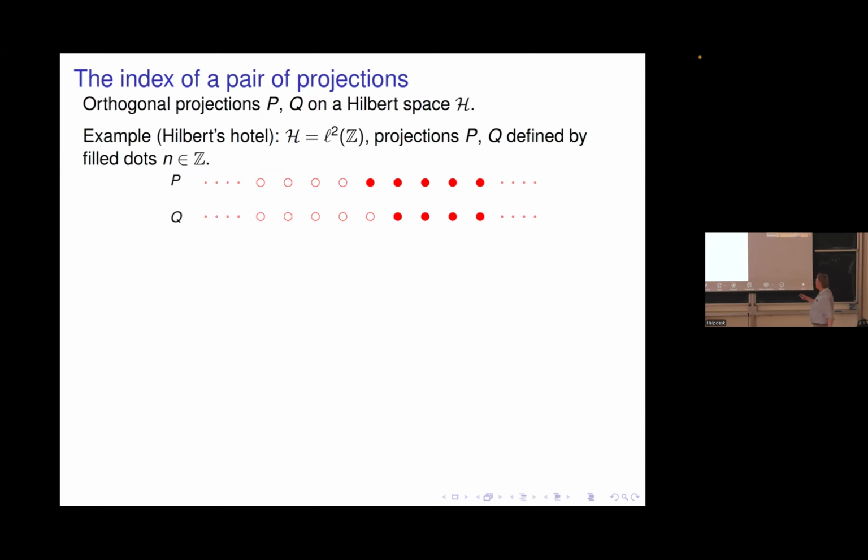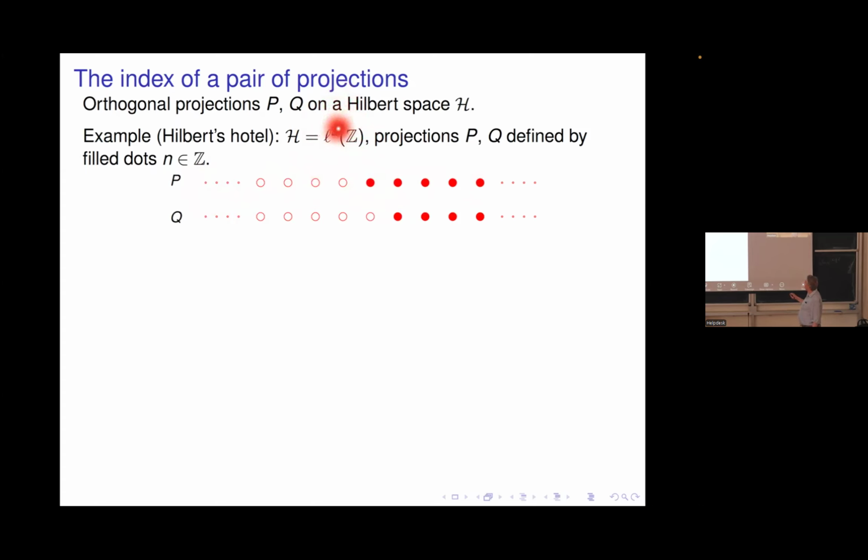And here it comes in the guise of this Hilbert space, L2 of Z. We saw it last time, so I'm not going to repeat it. In any event, the basis vectors of this infinite Hilbert space are indexed by the integers. And so each of these dots, never mind whether empty or full, stands for one basis vector in the space.